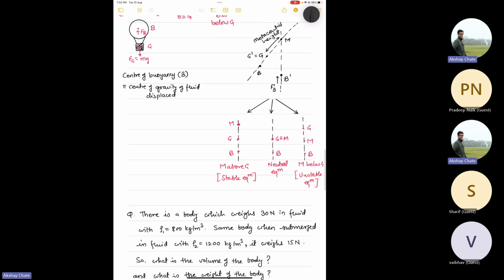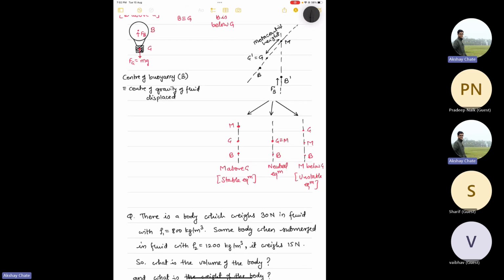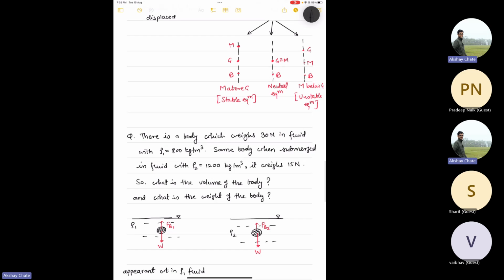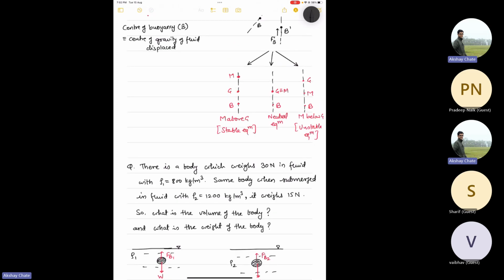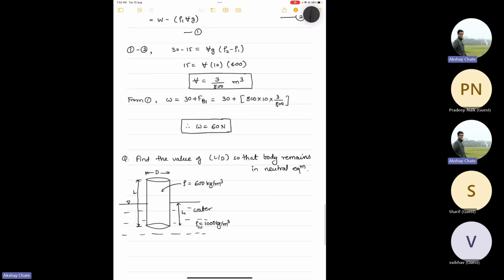We need to find this metacenter, center of buoyancy, center of gravity of the body itself, and then in neutral equilibrium, your G and M point, they will be same. So the distance between G and M will be 0. So we will use that property to solve this question.